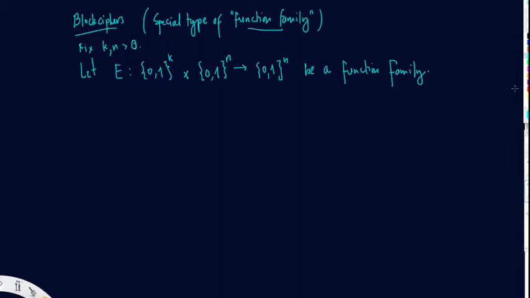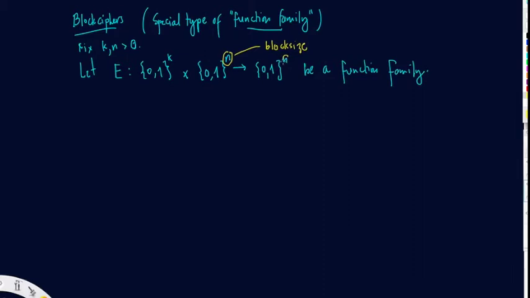So let me maybe write this in yellow. This value here, n, is known as the block size of the block cipher. It takes in blocks of n bits and outputs blocks of n bits.